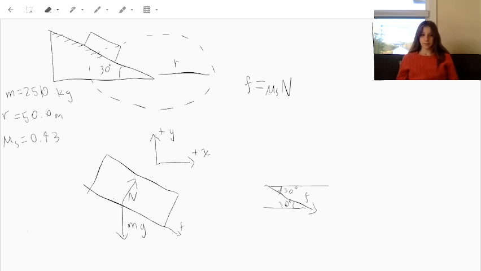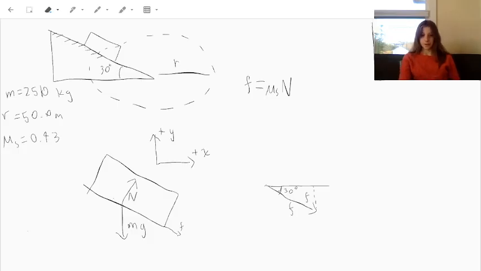Let me take this away. If we remember our trigonometry, we know this hypotenuse is our frictional force. That's the magnitude of our frictional force.